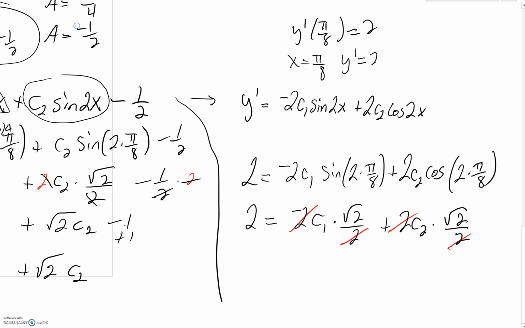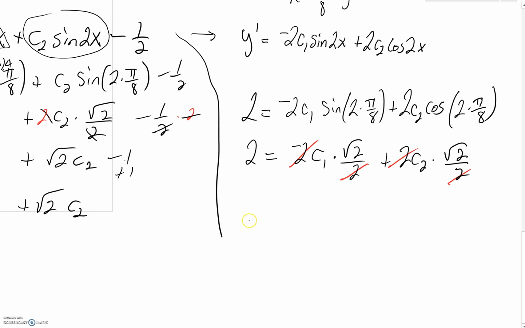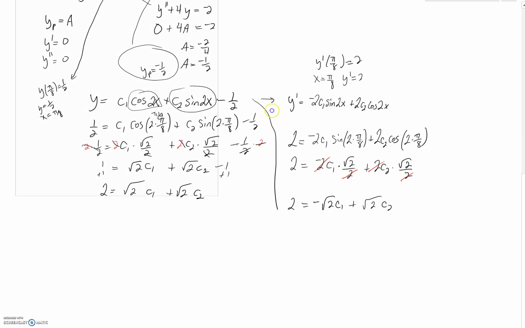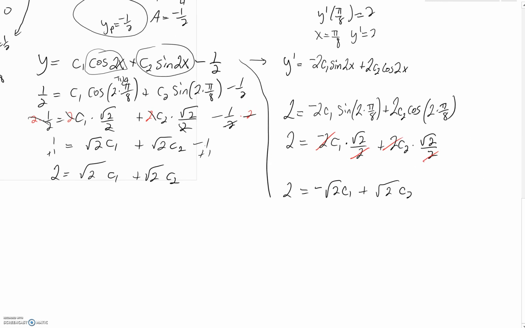So we're well on our way where we need to go here. We can say, well, here's our 2, and I'm going to say negative root 2c1. Over here we'll have a root 2c2. And I'm just bringing this up because, as you saw in the video at the start, we had this work, and you can see this is perfectly set up when you go back to our first initial condition to do elimination.